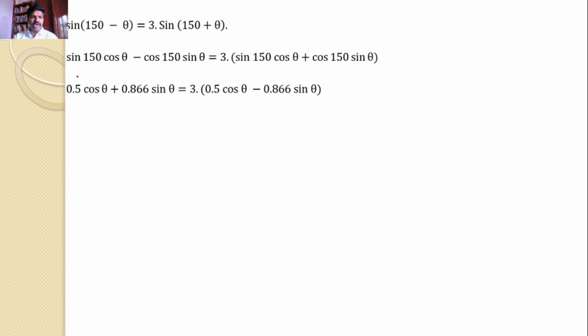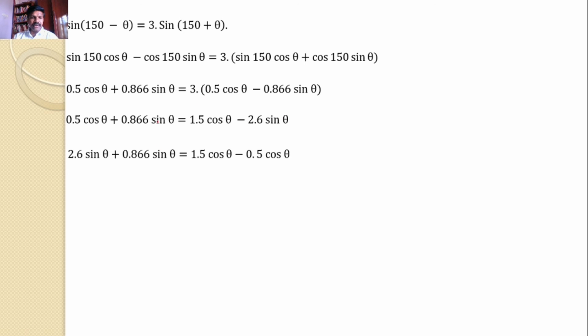Sine 150 is 0.5, so 0.5 cos theta, and cos 150 is minus 0.866. So it becomes plus 0.866 into sin theta is equal to 3 into 0.5 cos theta minus 0.866 sin theta. This further I can simplify. So I can remove this. So 1.5 cos theta minus 2.6 sin theta. I can make all sin theta terms on one side and cos theta terms on one side.